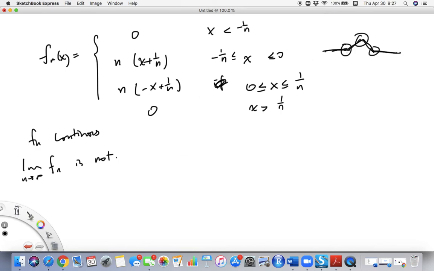So it's continuous here. Same story, x goes to 0 from the left and x goes to 0 from the right, both equal to 1, right? And finally, when x approaches 1 over n from the left, it's 0. From the right, it's also 0.